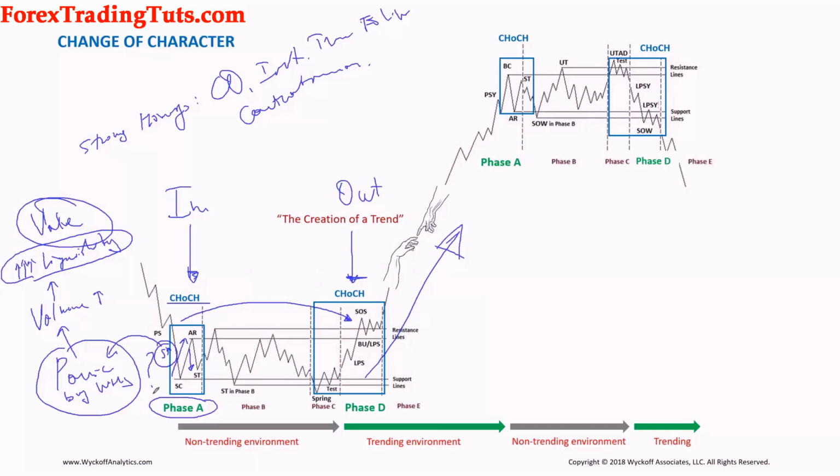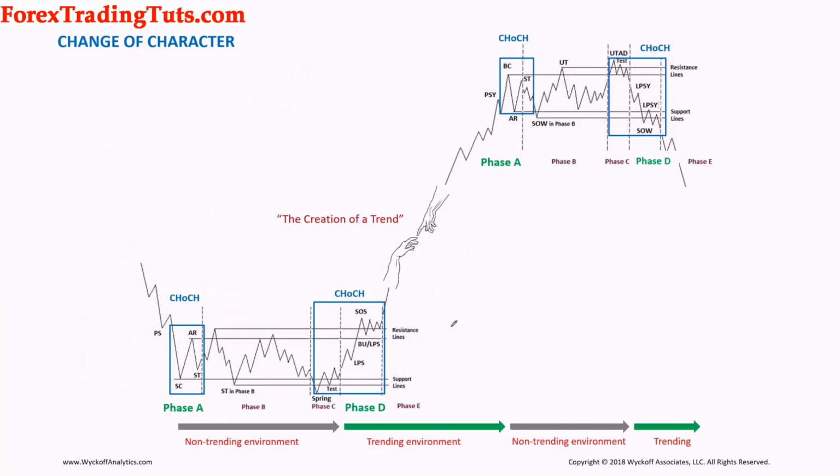Change of character, again, is a change of behavior, for both weak hands and strong hands. Visually, we could identify that change of behavior, which would suggest a change in environment, from a trending environment to a non-trending environment.